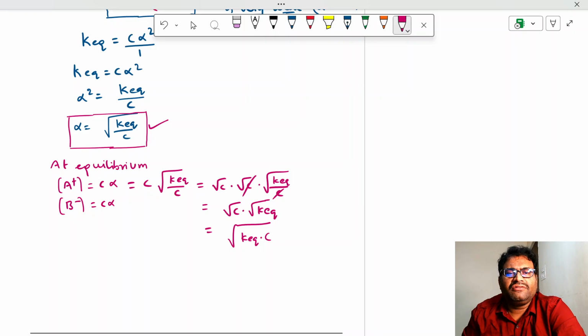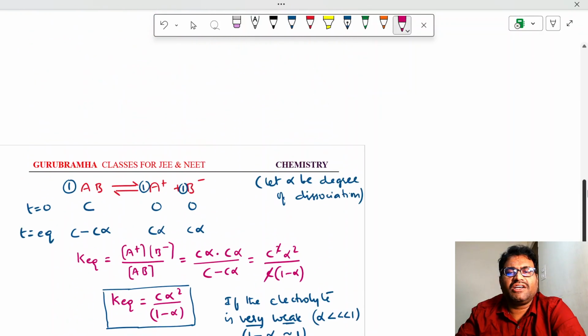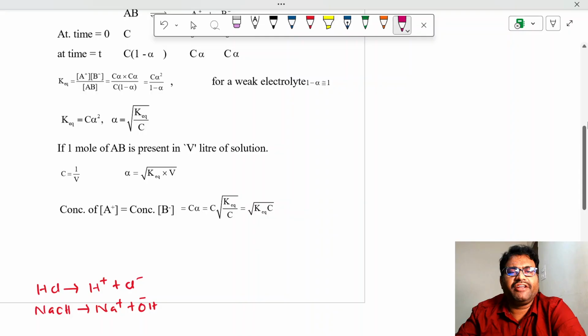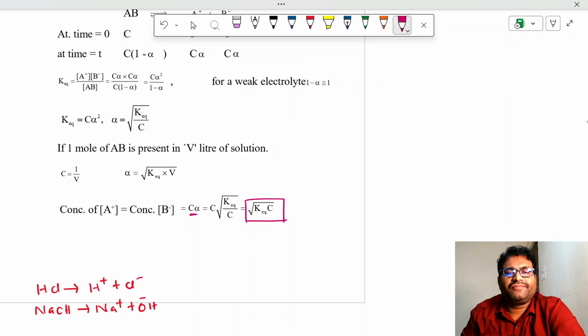So this is all according to the Ostwald dilution law. So this was proposed, and that is what you are finding here completely. The concentration of A plus and the concentration of B minus are both the same, equal to C alpha, and that C alpha is equal to root K equilibrium into C. Understood?